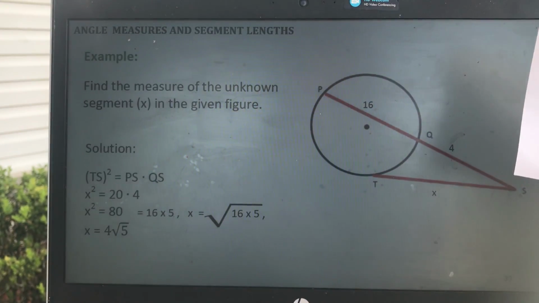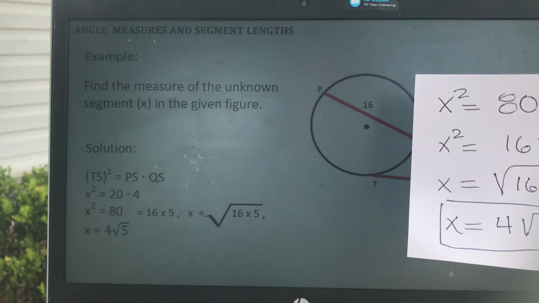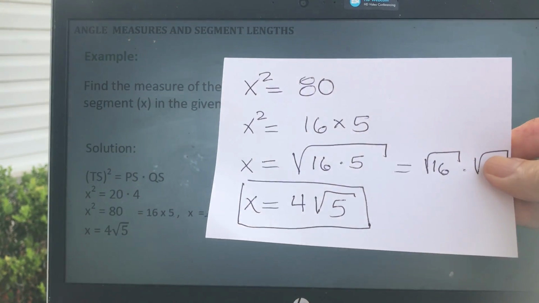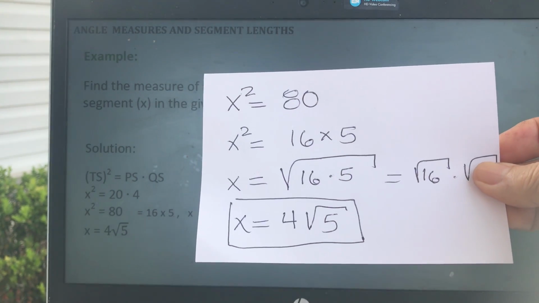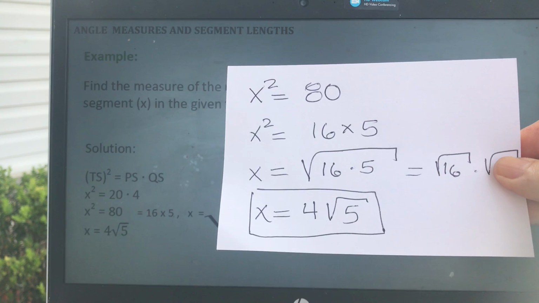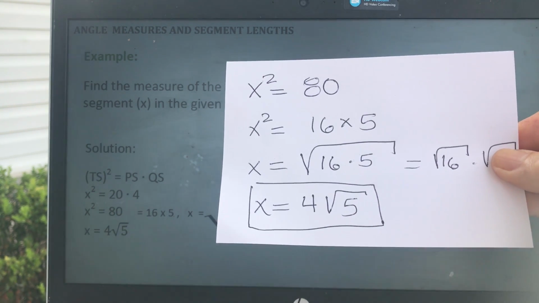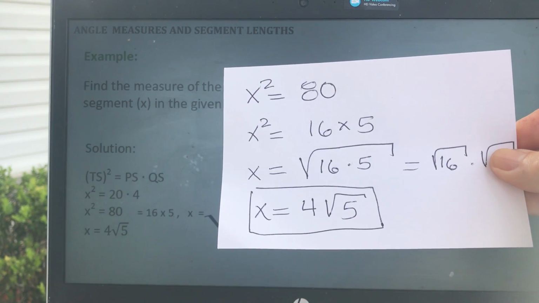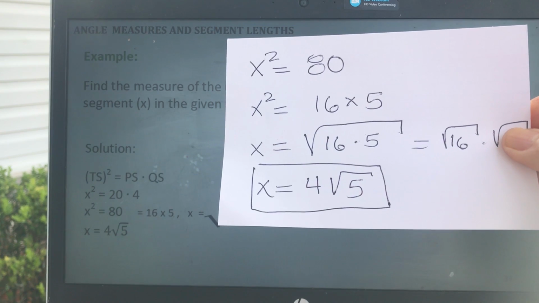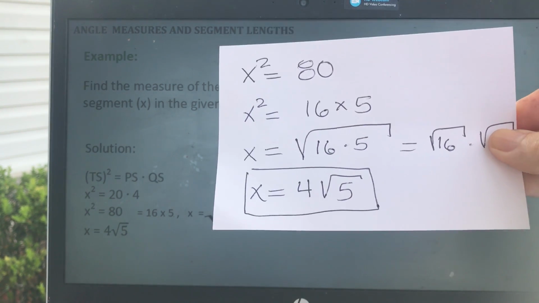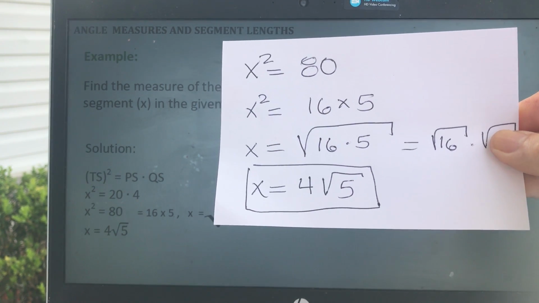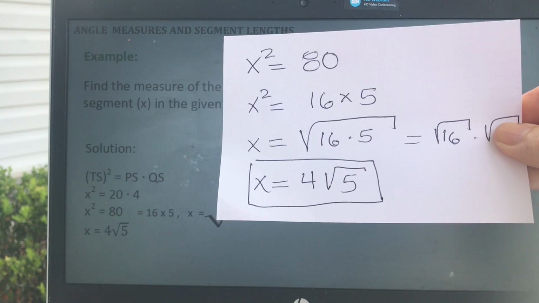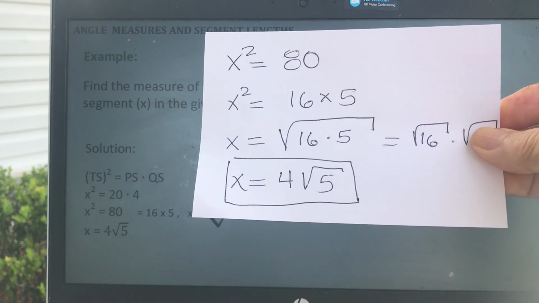Now, if x squared is equal to 80, here we can see that x squared is equal to 16 times 5, which is equal to 80. So if x squared is 16 times 5, how do we knock out that square? What do we do? As we have learned in the past, the value of x is going to be equal to the square root of 16 times 5.